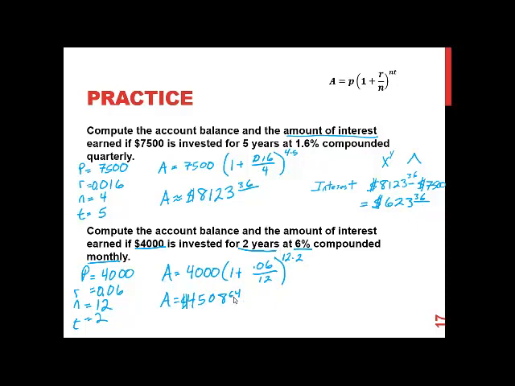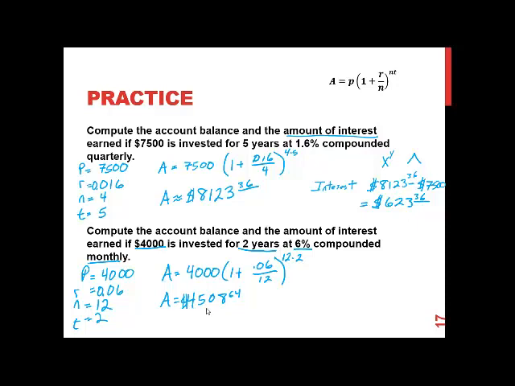Now if you're off by a few pennies, that can be a rounding error, that's not a problem. If you're off by 15, 20 cents or even $1, check to see, make sure you don't do any rounding before you get to the very end. At the very end, then you can round.